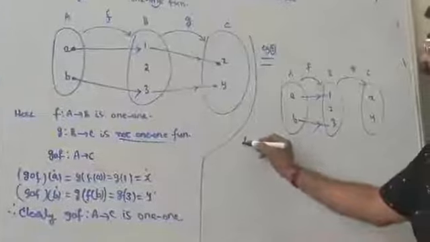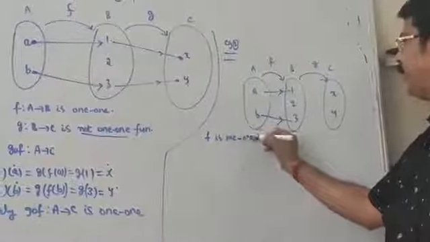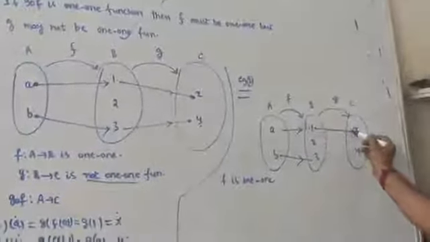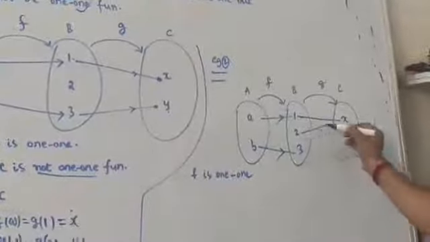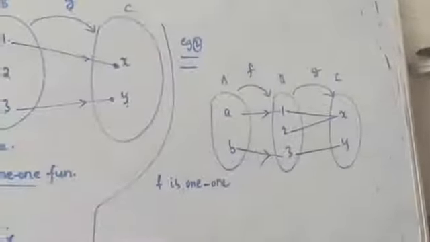Therefore F is one-one. Next, 1 is mapped with X, 2 is mapped with X, 3 is mapped with Y.